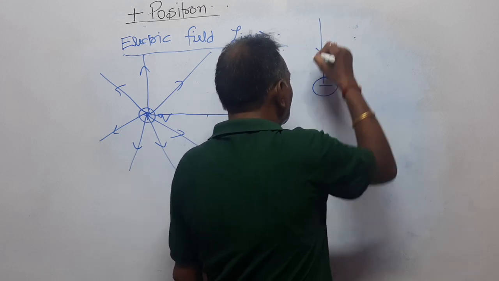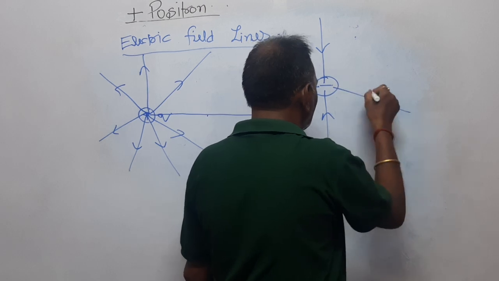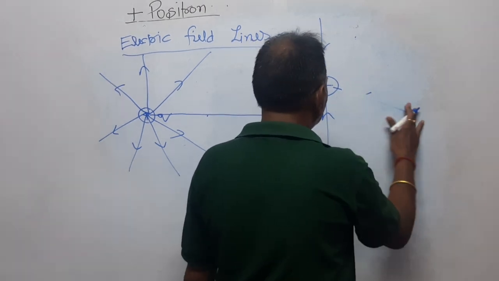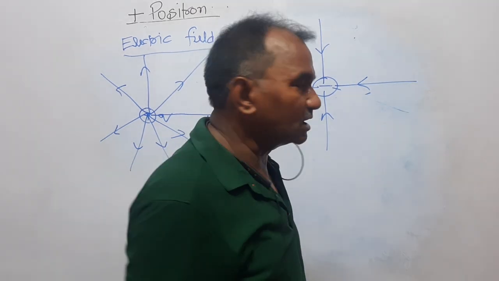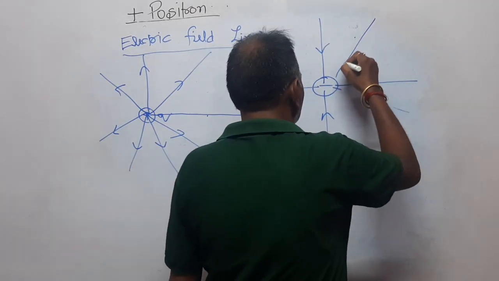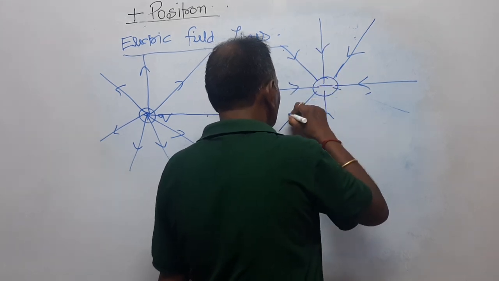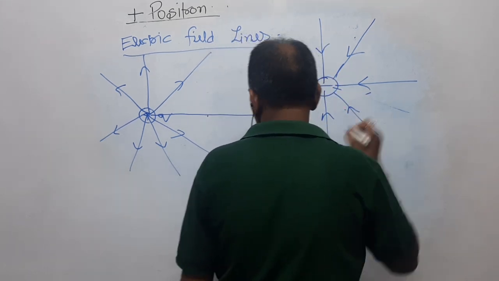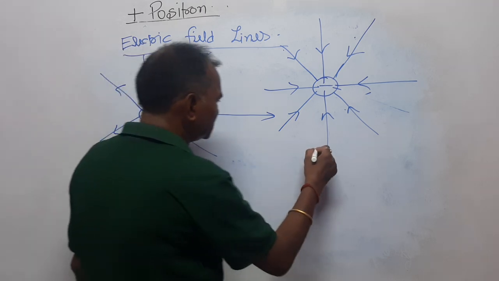So you can say the direction of field line due to negative charge is this. This is figure 1 and this is figure 2.